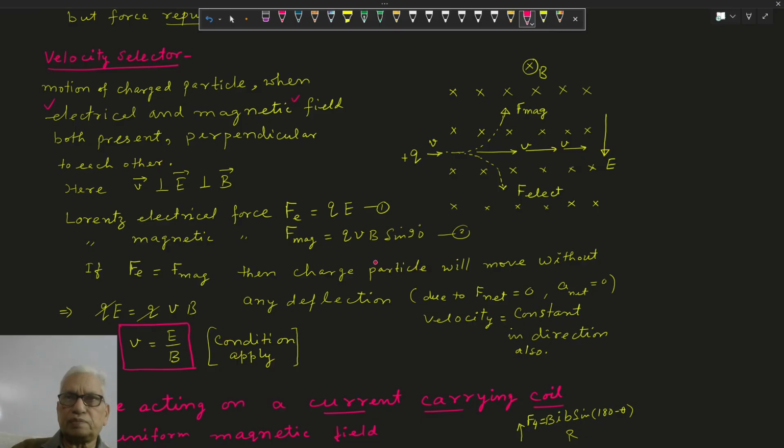Now velocity selector. Here we are considering electrical field as well as magnetic field, both present perpendicular to each other, and the charged particle entering perpendicular to both electrical and magnetic field.